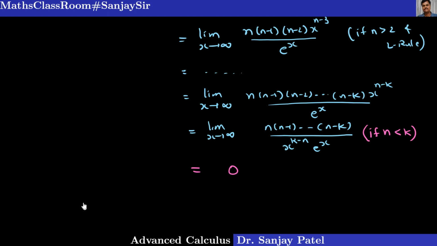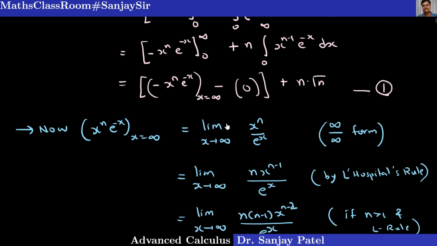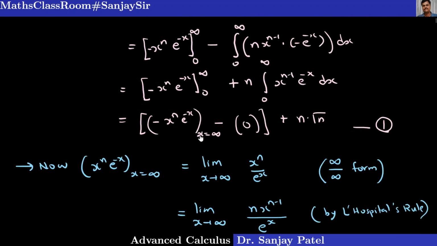So the conclusion here is we have proved that the value of x raised to n into e raised to minus x at x equal to infinity is 0. Okay, so we have proved that the value of this term in result number 1 is 0.